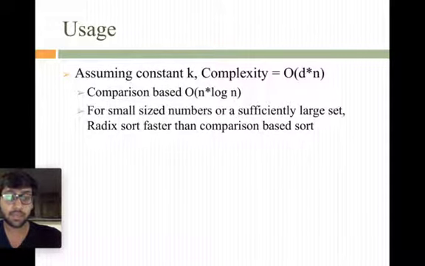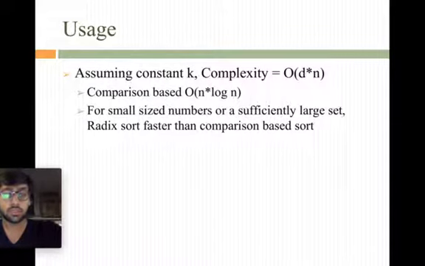Whereas if I compare it to the n log n algorithm, since n is very large, even log n would be very large, and it would require much greater time than the Radix sort algorithm. So for small size numbers or a sufficiently large data set, we see that Radix sort is much faster than comparison based sort.